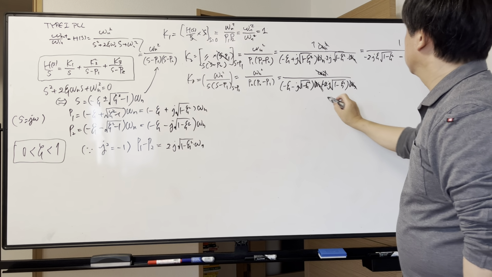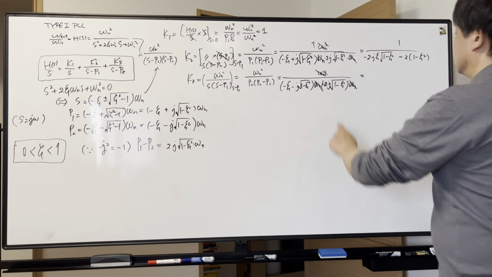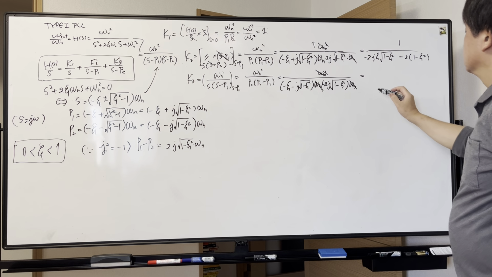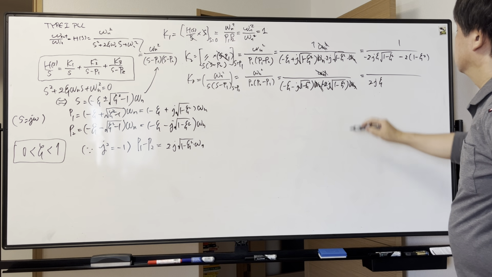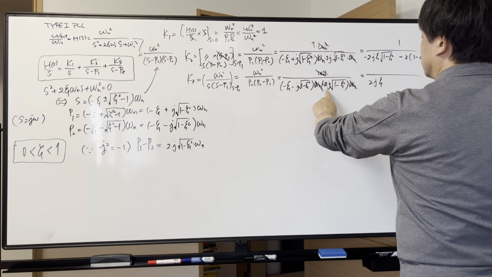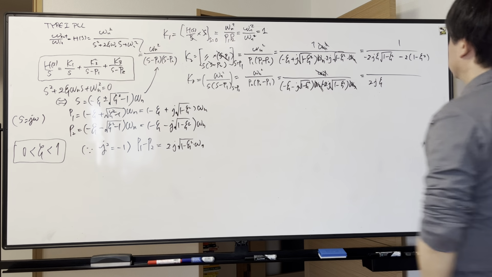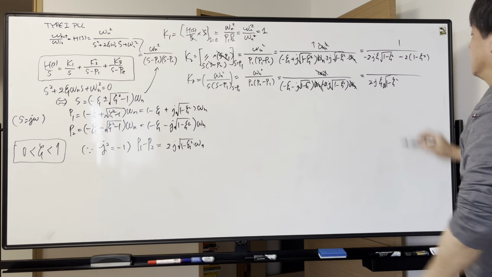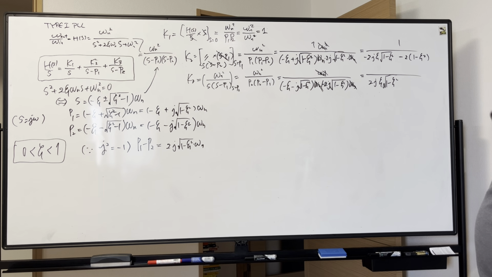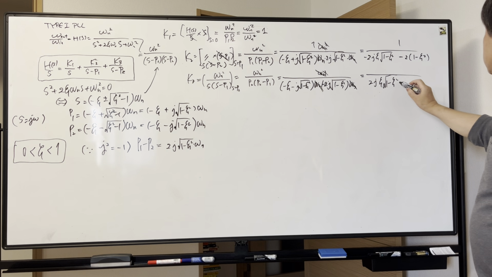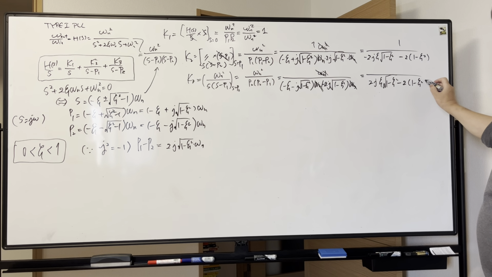This squared is cancelled out, and minus plus plus, so these become 2j zeta plus 2j square root of 1 minus zeta squared, and with j squared equal to minus 1, this is the same minus.